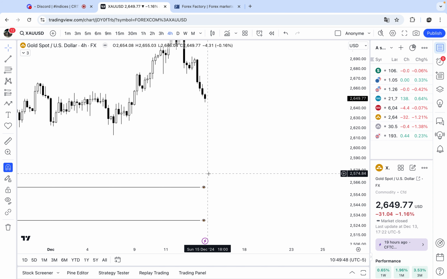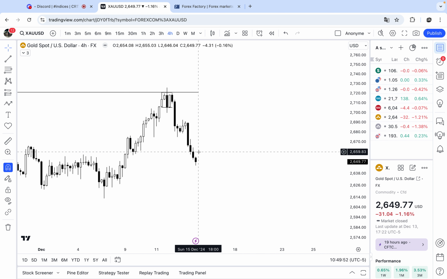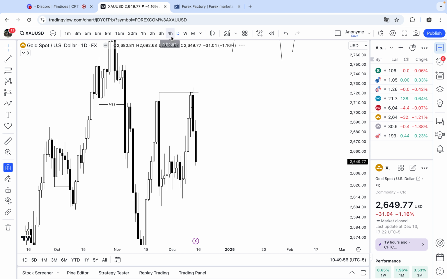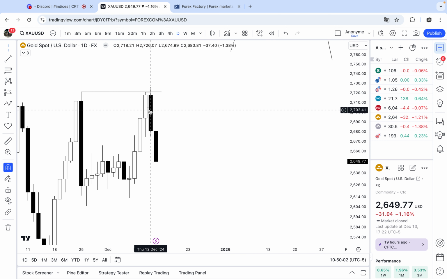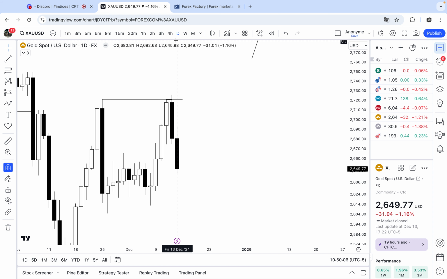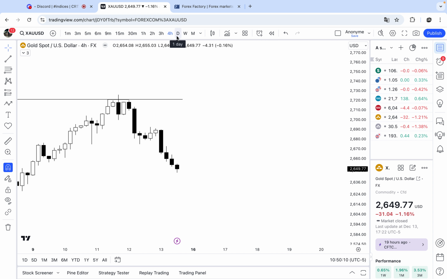All right. For my narrative at this point, on the 4-hour and on the daily, first I'm looking for levels. And the levels are pretty much key levels on the 4-hour and on the daily.